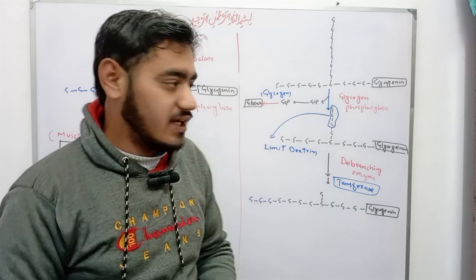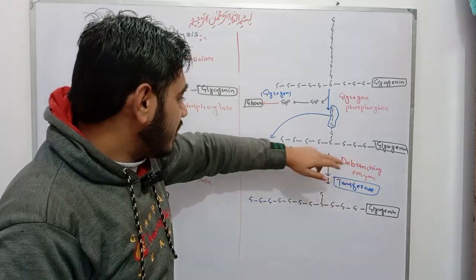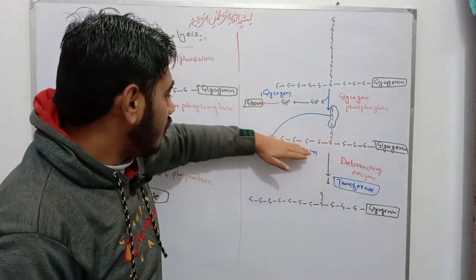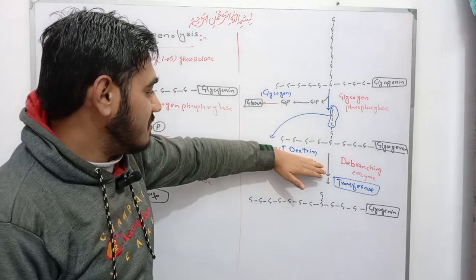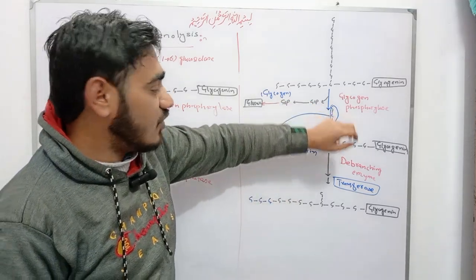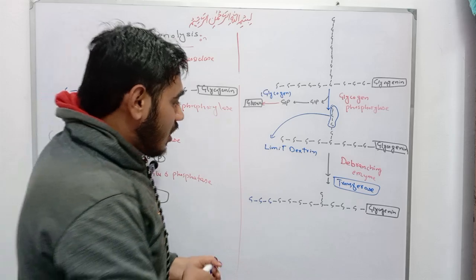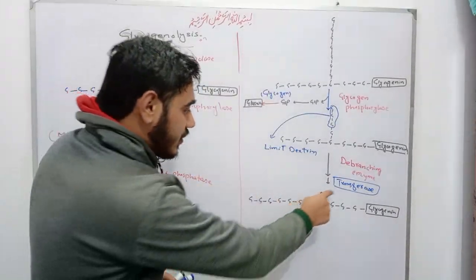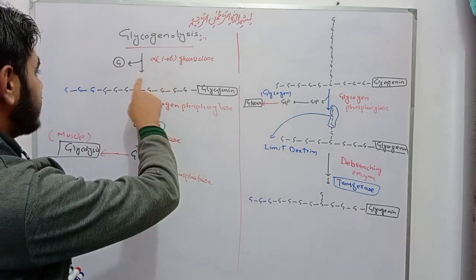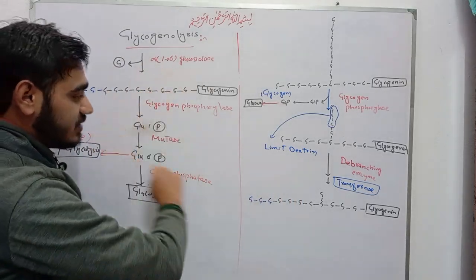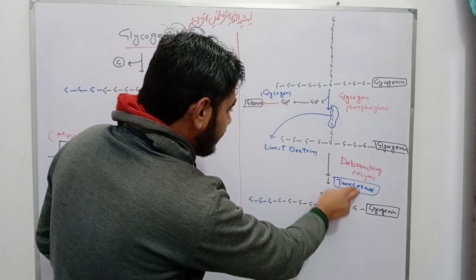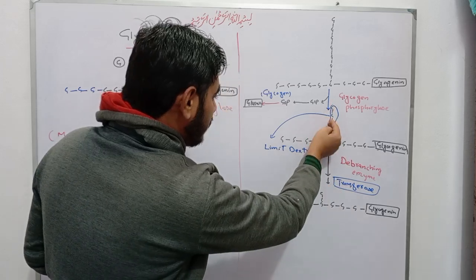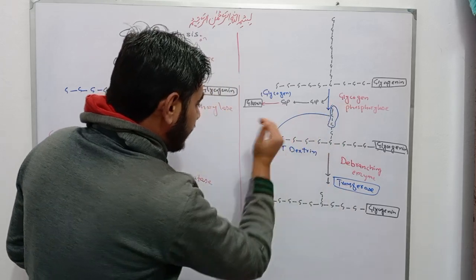This limit dextrin has 4 glucose residues on each side. This is a limit dextrin and it is a partially hydrolyzed form of glycogen. The debranching enzyme has two activities, that is transferase activity and another one is alpha 1,6 glucosidase activity. With the help of this activity, these three glucose molecules transfer from here to here.